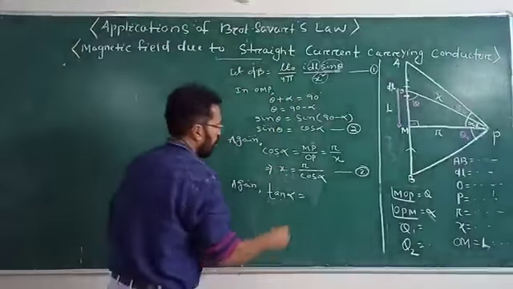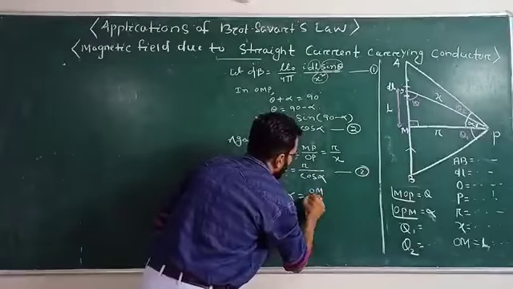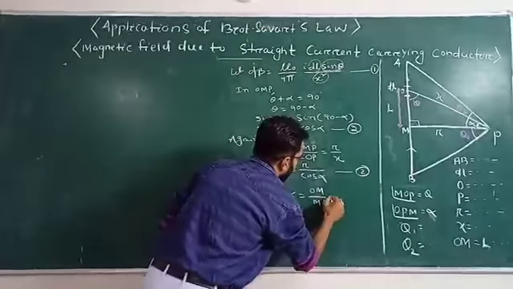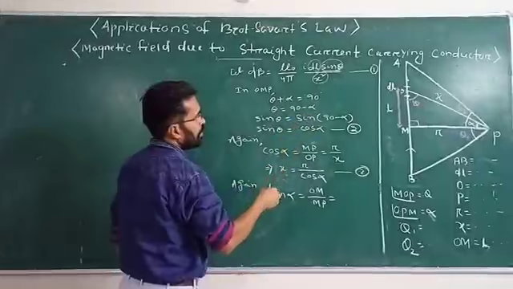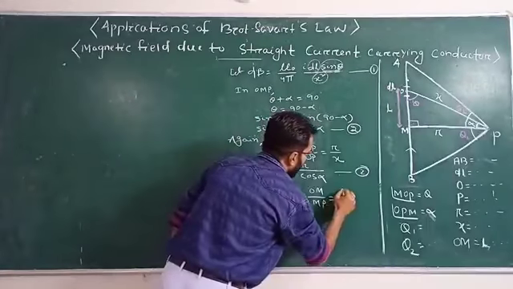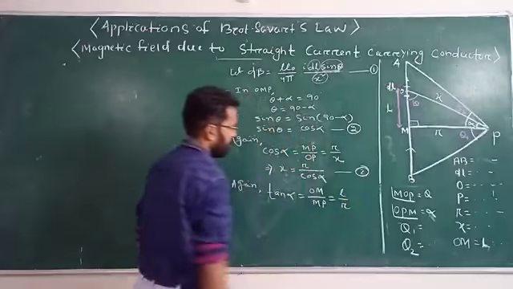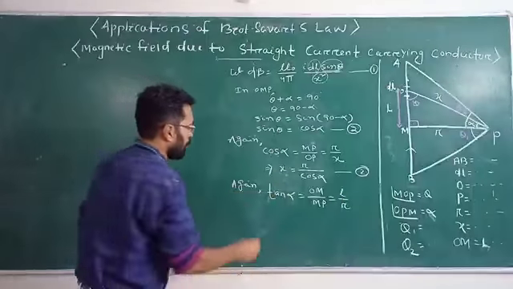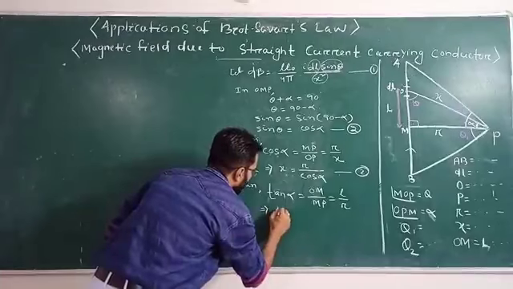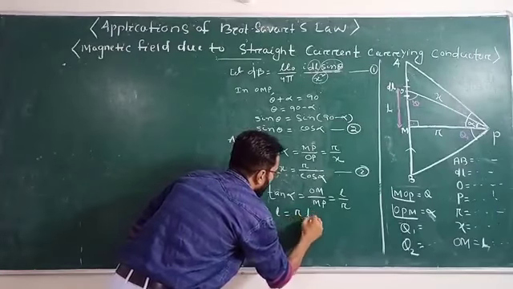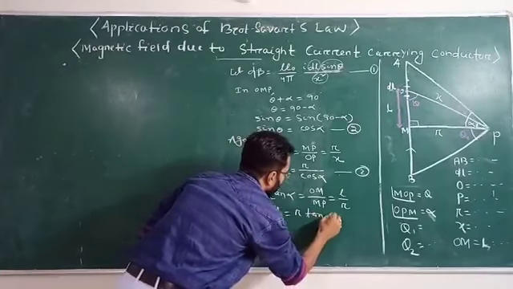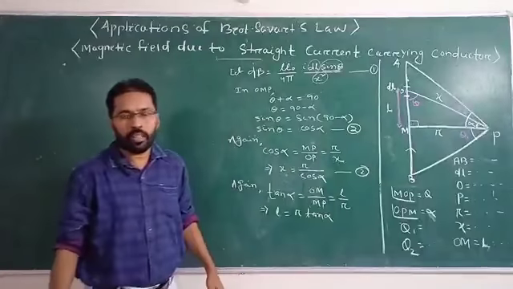OM means the length L, and MP means R. By cross multiplication, you get L is equal to R tan alpha. Okay, students, R tan alpha.